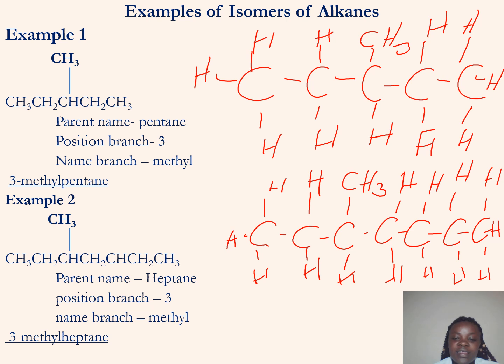We have 3 for the position, methyl for the name of the branch, and now the parent name, heptane. So 3-methyl heptane. Then make sure that the name is in small letters, don't combine. So all the letters are in lowercase. So even the M here will be a small m.